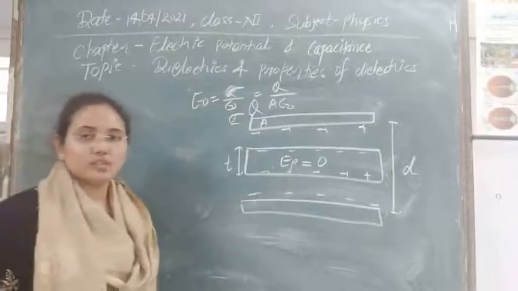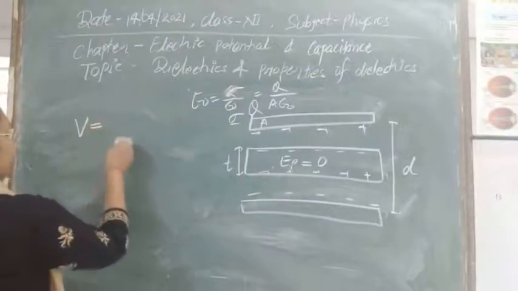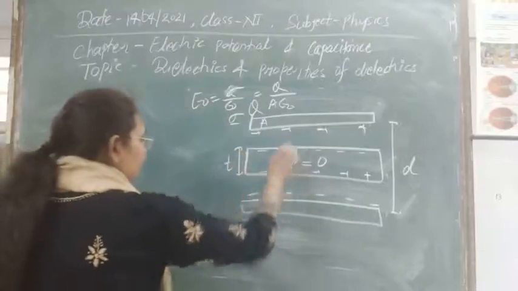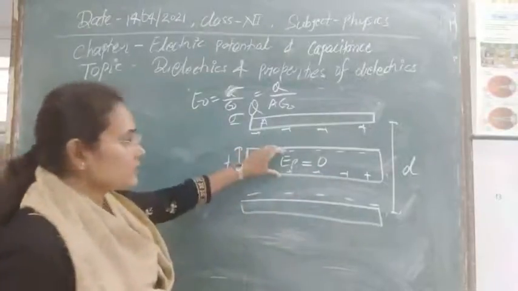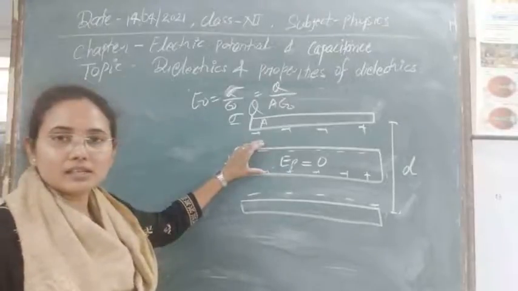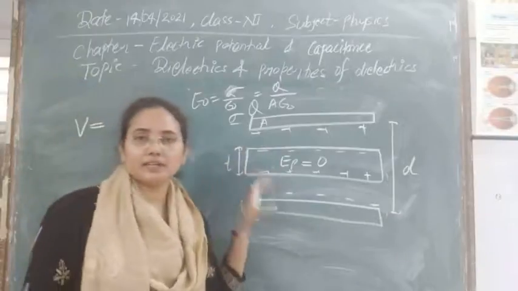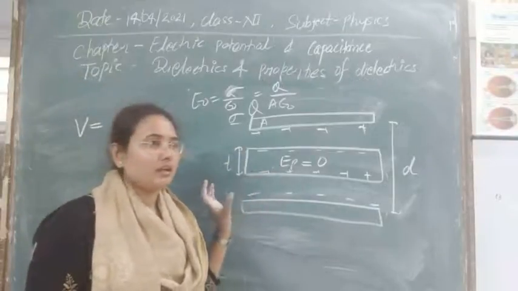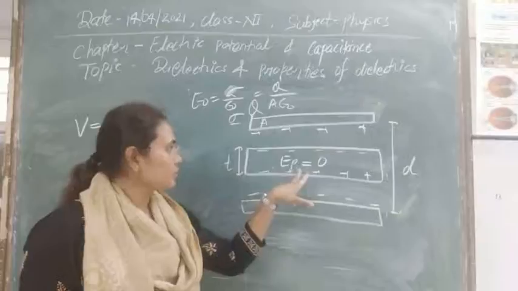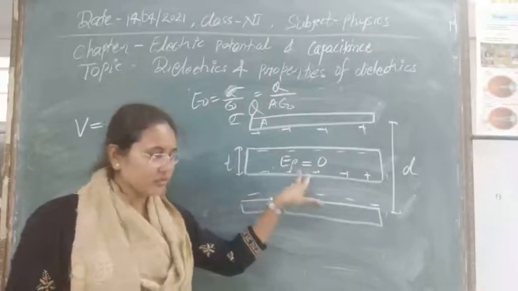So if we use the formula for the potential, the potential is given by the electric field, and the electric field here is obviously 0. No electric field, no potential difference will be obtained. Oh sorry, one more thing: the potential here is also constant, it has a constant value.